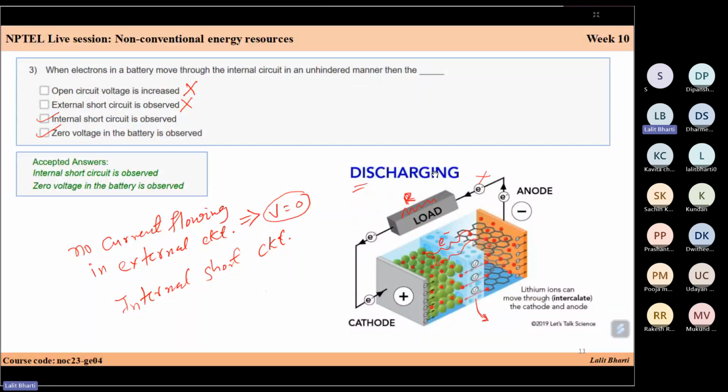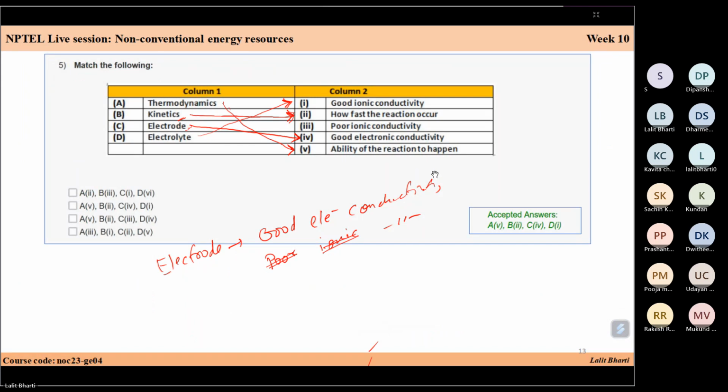Let's say you are making A plus B equals C. So you have some product and some energy. If your A plus B have some energy and your product C will have some energy plus some extra energy, it means your energy should be balanced.